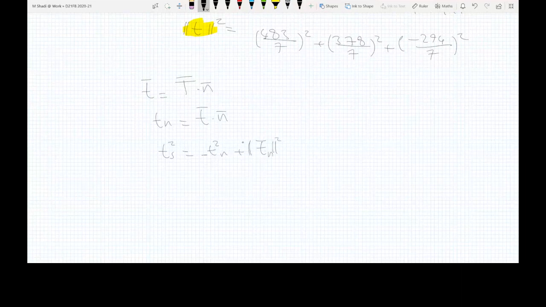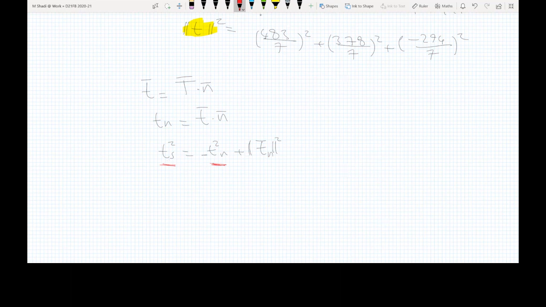This is a vector squared. So this is a vector, this is a vector, this is a tensor, this is a vector, and these are scalars. So these are components. This is the component of T in the normal direction. This is the component of T in the shear direction.